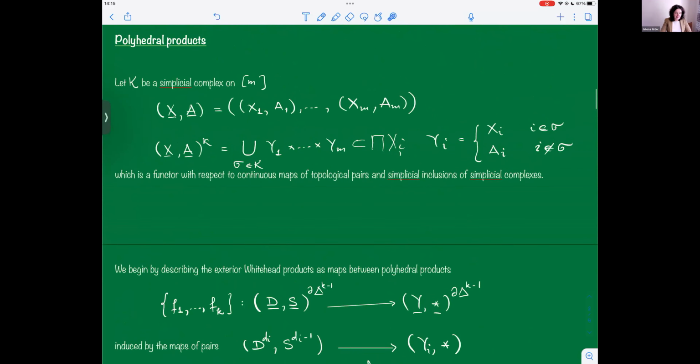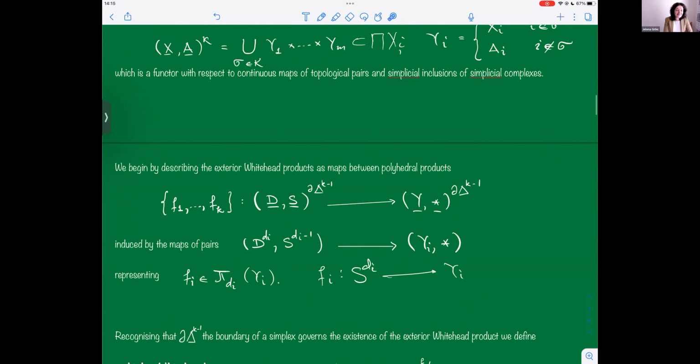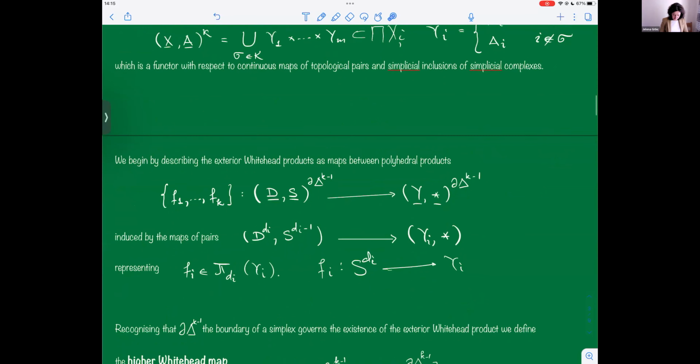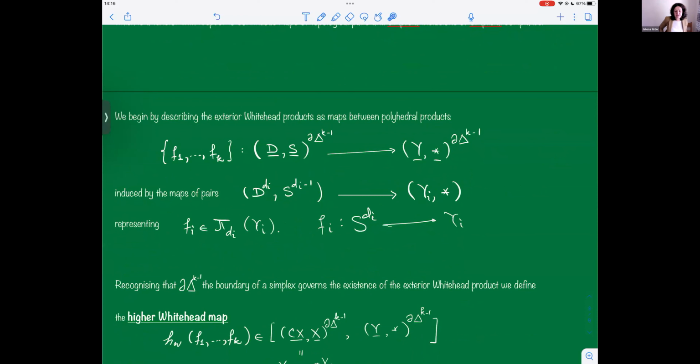Where should I continue from? Whether you heard me or not, what I was saying is that we wanted to rewrite these exterior Whitehead products defined by Hardy in terms of polyhedral products, and we use the fact that any map, say F_i, from the sphere into some topological space Y_i, can be represented as a map of topological pairs.